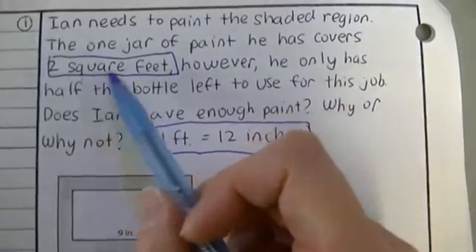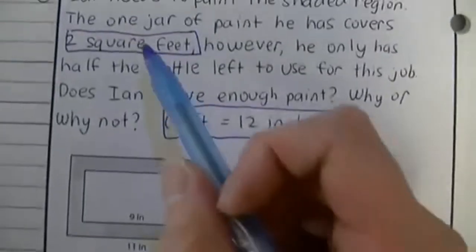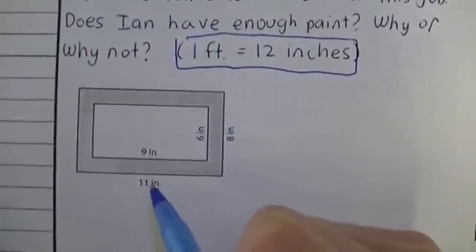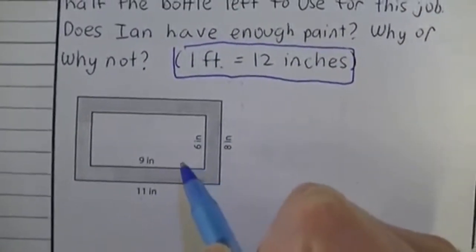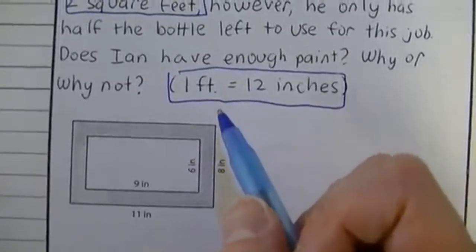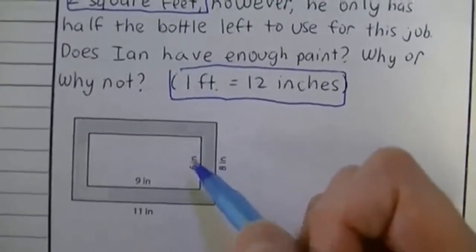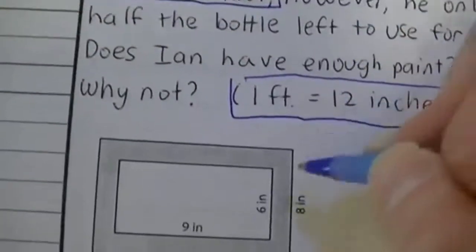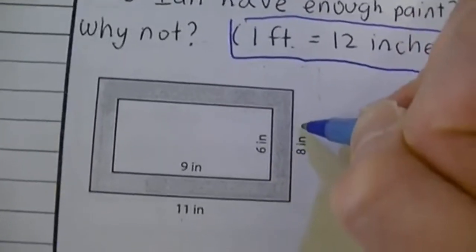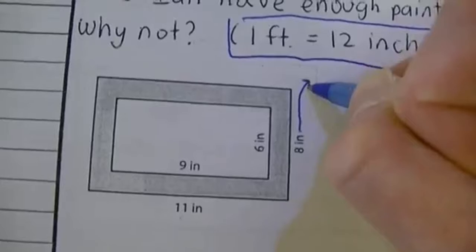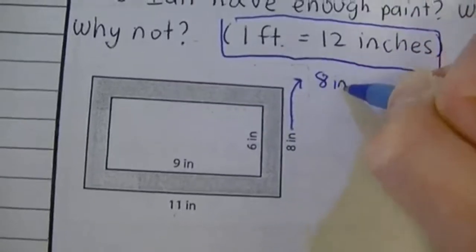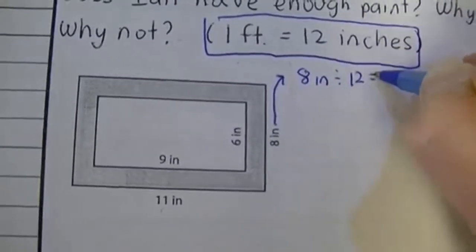So I'm seeing that it's measured in square feet. It's measured in feet, and these units are in inches. So I'm going to go ahead and convert these inches into feet. So for this one right here, I would take 8 inches and divide it by 12 to get the feet.